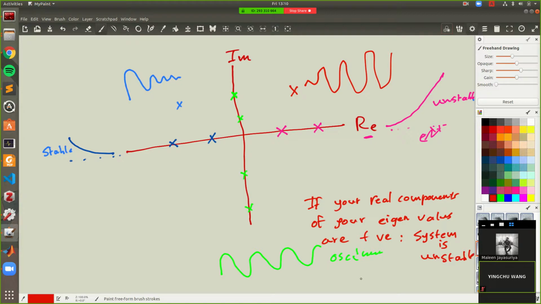If it's negative, it's stable, right? That's all you have to remember, right?